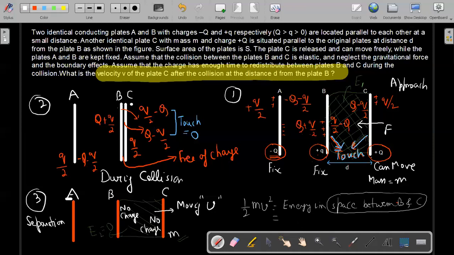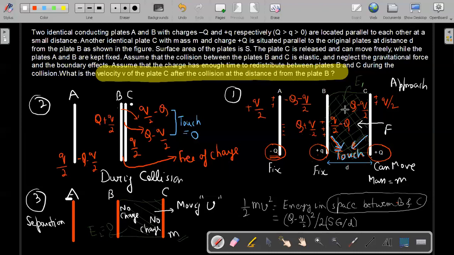So you will consider capital Q minus Q by 2 as the charge, and the square of this charge divided by twice the capacitance between plate B and plate C, which will be cross-sectional area capital S epsilon naught divided by D. That is the basic formula of a parallel plate capacitor. So Q square by 2C was the energy.